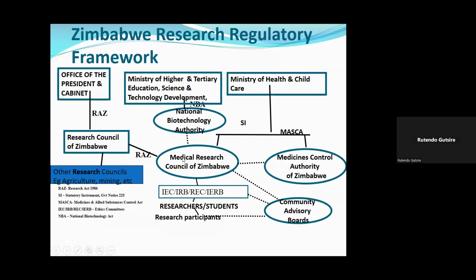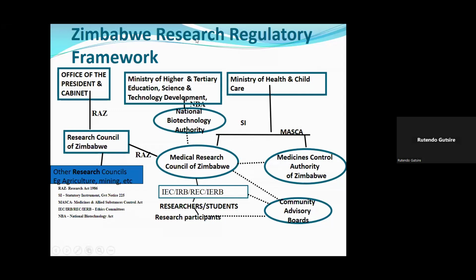But as MRCZ, there's also the Ministry of Health and Child Care. So the Research Council set up the MRCZ under the Ministry of Health to look into health-related research issues. The MRCZ also works hand in hand with the MCAZ, the Medicines Authority.